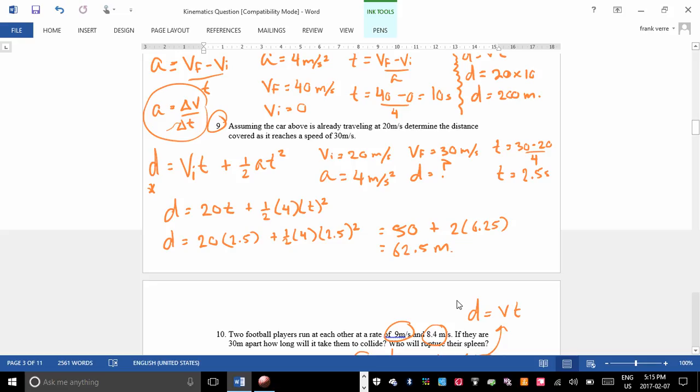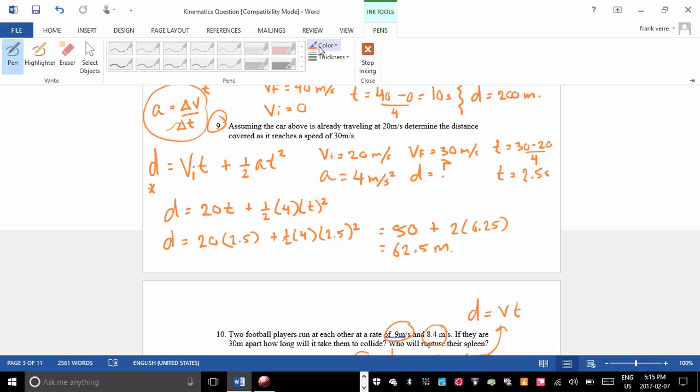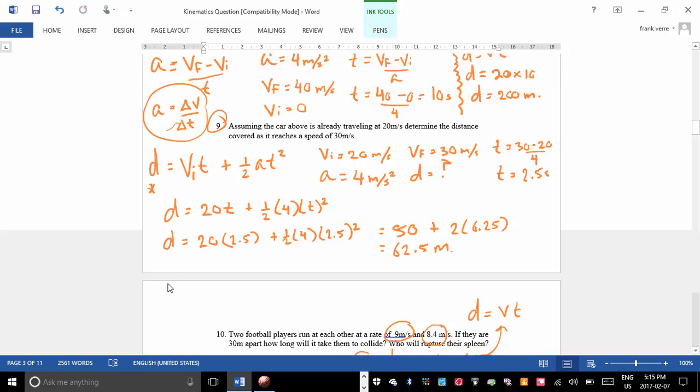Now, there's more than one way of doing this question. Another way we could think of this question is using average speed. Because, as I mentioned, we can think of the car spending an equal amount of time at the different speeds. As the car goes from 20 meters per second to 30 meters per second, at every moment in time the amount is going to be the same. So at 22 meters per second, it's the same interval of time as 24 meters per second.